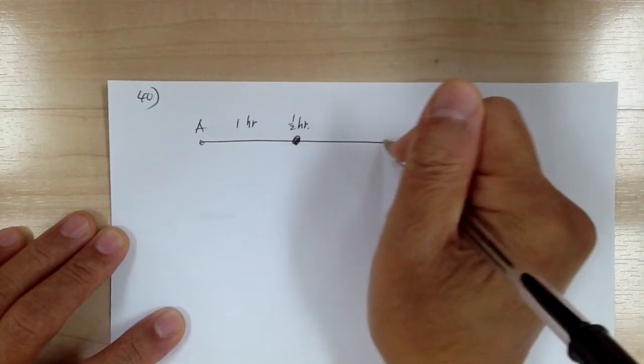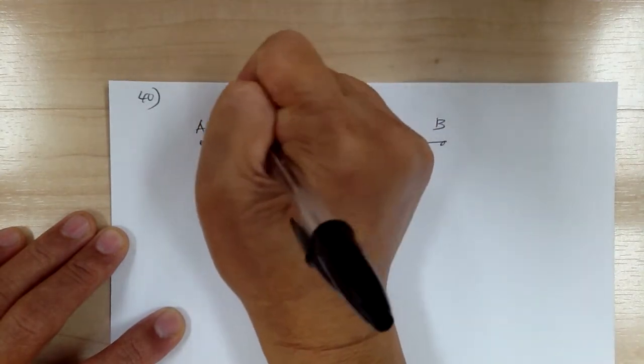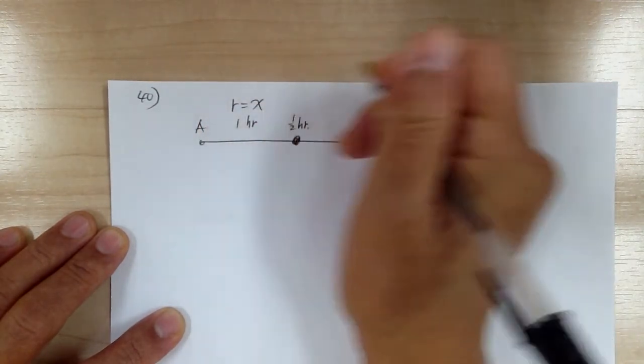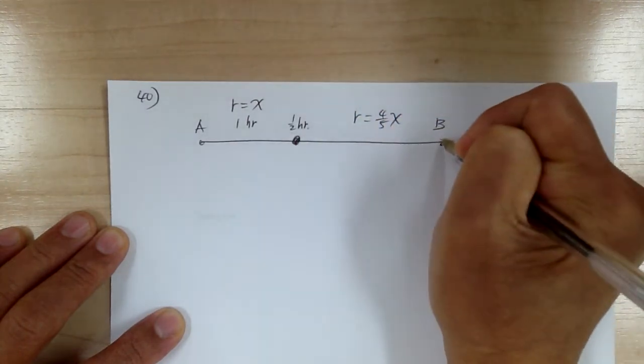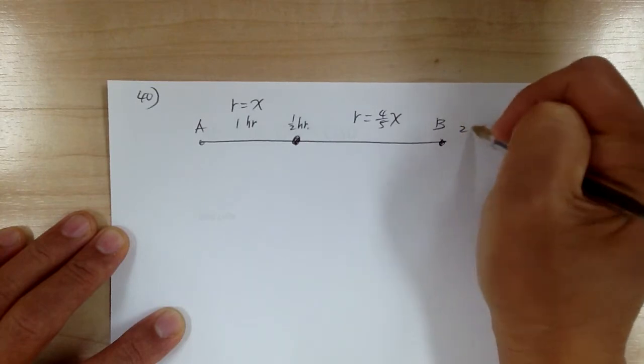And then it proceeds at 4/5 of the rate. So I'm going to make R equal to X because that's what we're looking for. And so here R equals 4/5 X. And it arrives over here 2 hours late.